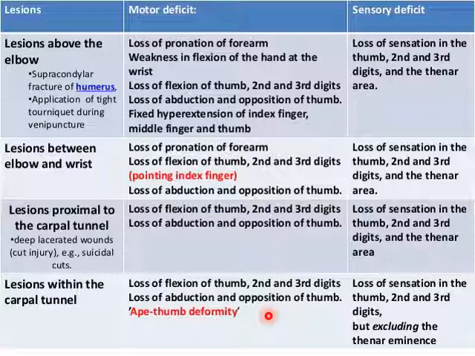Here a point to be noted is the sensory deficit is only to the palmar surfaces of the thumb, second, third digits, along with the cutaneous sensations that are lost on the dorsal aspect of the second and third digits till the middle phalanx, and the dorsal aspect of the thumb for the terminal phalanx only, excluding the thenar eminence and the central part of the palm, because it has its supply from the palmar cutaneous branch, which is given from the median nerve before the median nerve enters into the carpal tunnel.